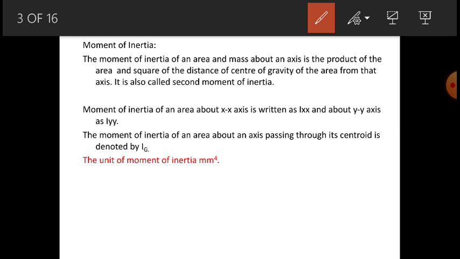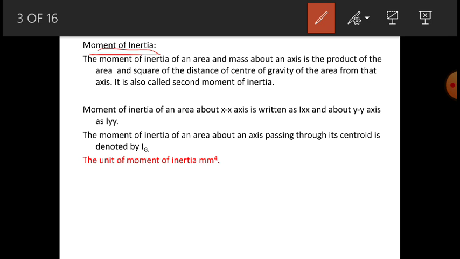Why is this necessary? For some bodies with regular shapes, it is very easy to find the center of gravity. When it comes to irregular shapes, it becomes very difficult, so to calculate the center of gravity, this moment of inertia is required. That is the use of it.